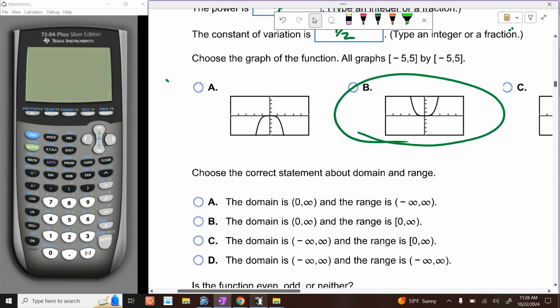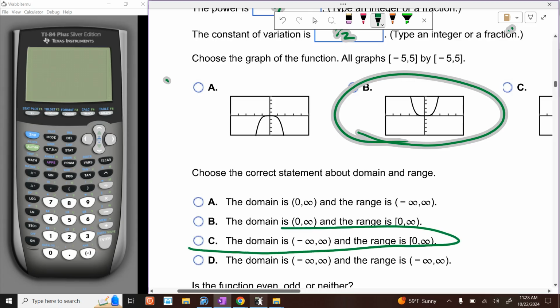Okay, what's the domain of that function? Can you put any number into 1/2 x to the 4th for x? Yep, you sure can. So the domain is negative infinity to infinity. What's the range? Just looking at the graph. 0 to infinity. Okay? Would it be an even or an odd function or neither?